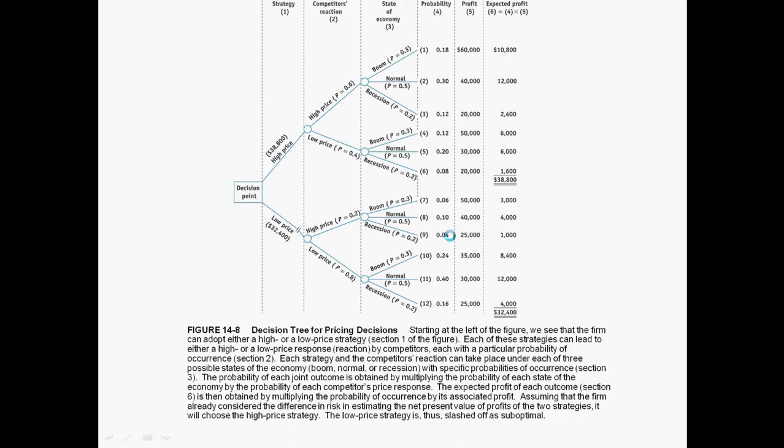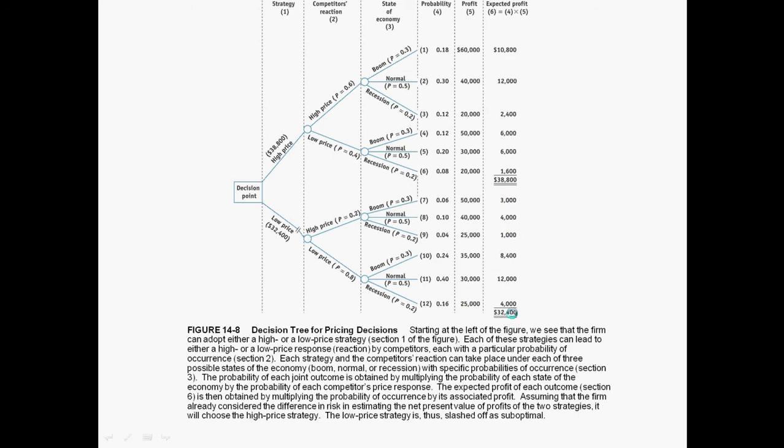Low price, high price, recession, 25,000, 20,000. So in a recession, it's advantageous to charge a low price because people are really going to be looking for deals. And then normal, it looks like he's actually making the same. So, in the recession and the boom.